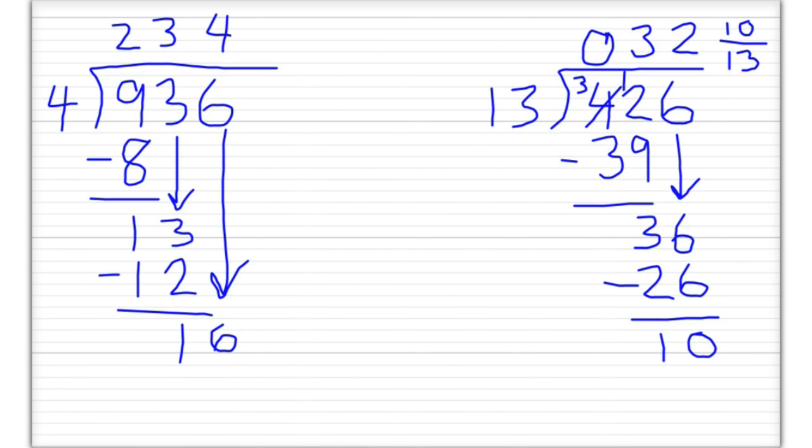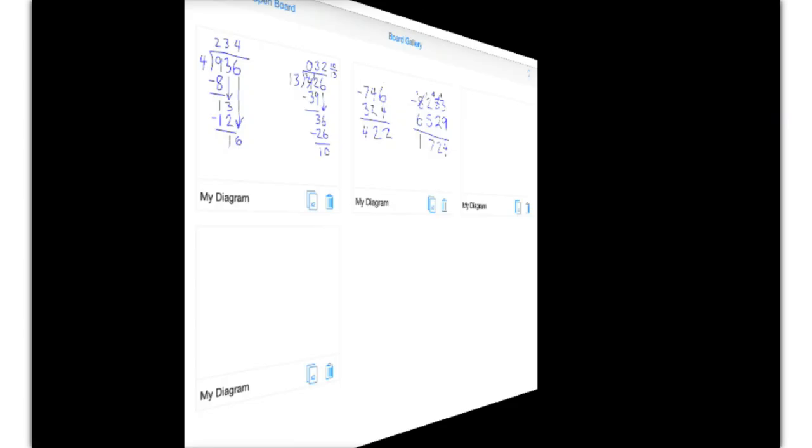Now that we're pretty good with that, we can move on to some binary division. All right, so let's make a new whiteboard here. Let's start with a simpler one. Grab a pen.